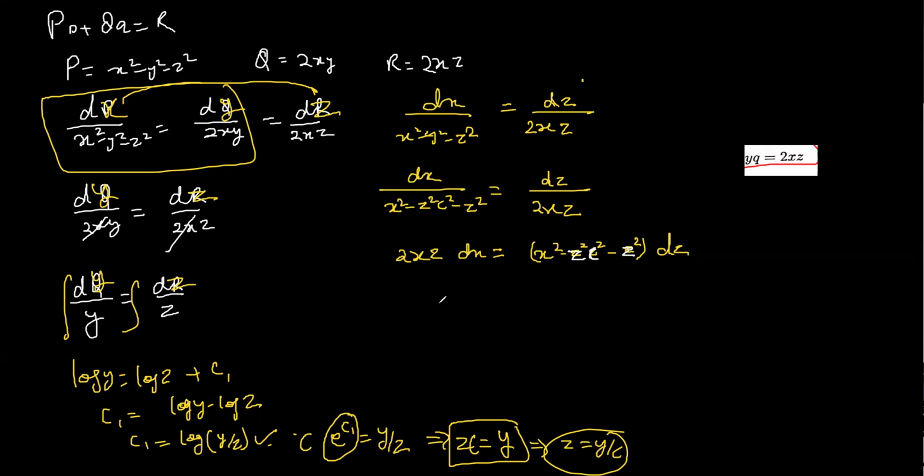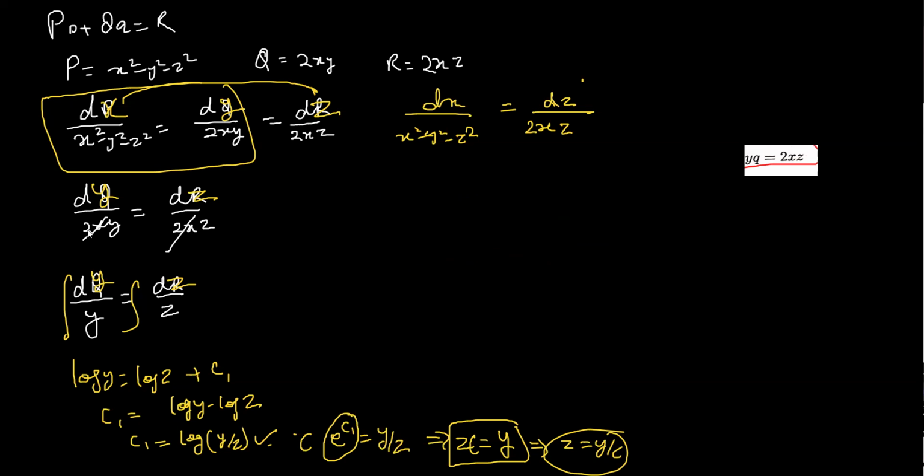Okay, let's see. dx, 2xz, right? And this is x square minus y square minus z square.